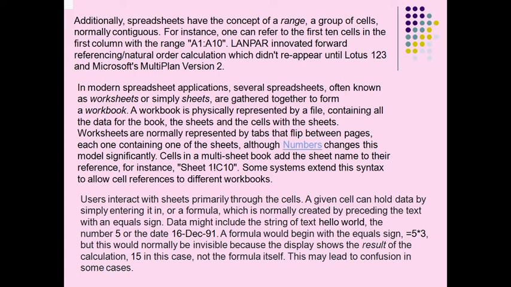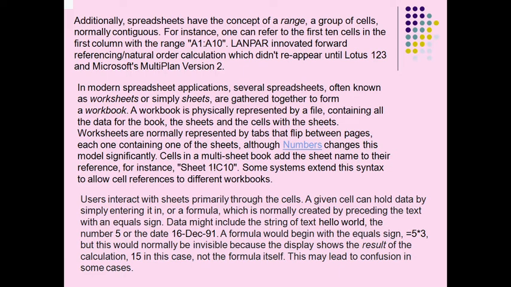Additionally, spreadsheets have the concept of a range, a group of cells normally contiguous. For instance, one can refer to the first 10 cells in the first column with a range A1:A10. LANPAR innovated forward referencing and natural order calculation, which does not reappear until Lotus 1-2-3 and Microsoft's Multiplan version 2.